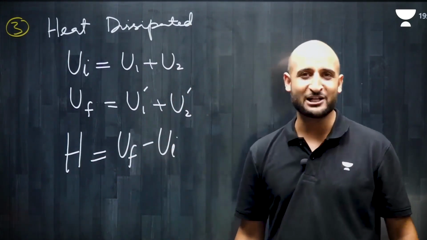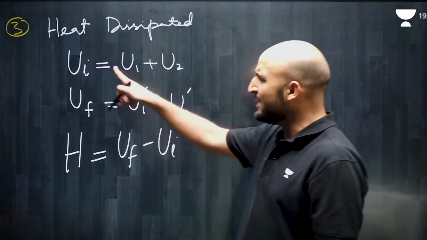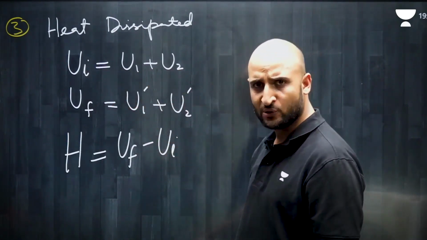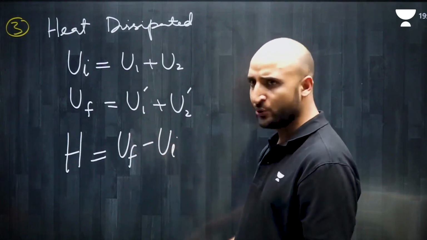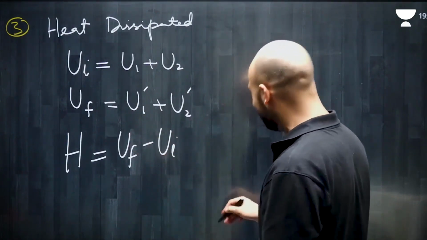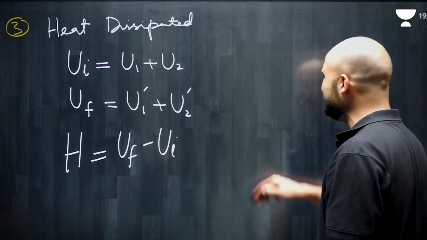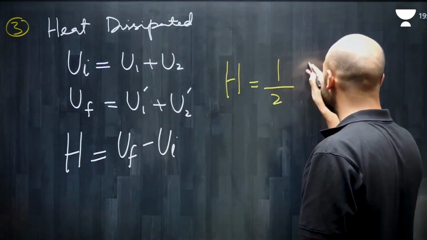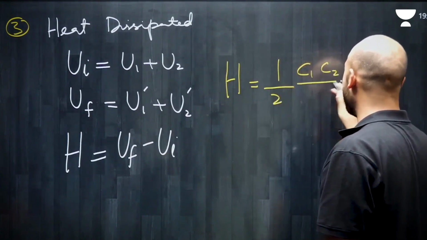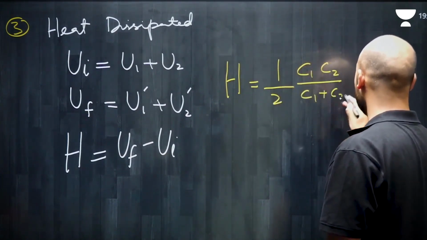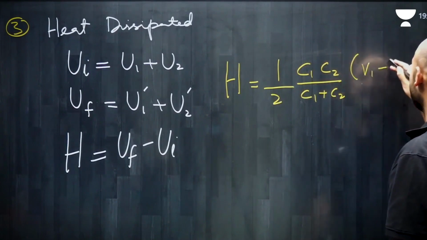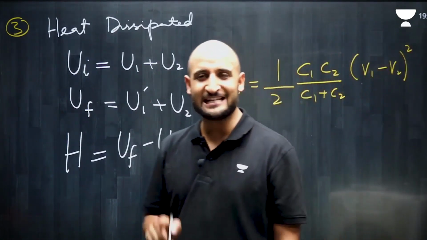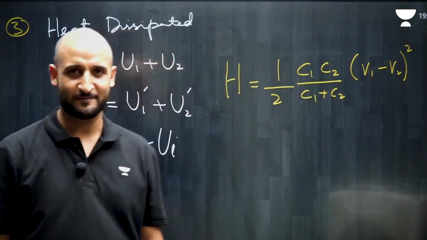Now, when you put the values of U initial and U final here, you will see that the amount of heat dissipated in this process, that's H, is equal to 1 by 2 C1 C2 divided by C1 plus C2 into V1 minus V2 whole square. This is the amount of heat dissipated in this process, right?